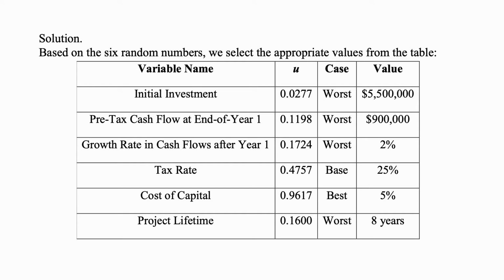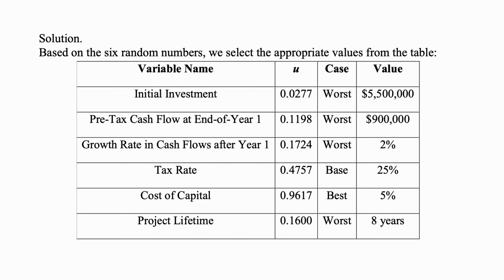For u equal to 0.1198, we are under 0.25, so we pull from the worst case scenario. Pre-tax cash flow at the end of year 1 is 900,000. For u equal to 0.1724, that's the worst case scenario, and the growth rate in cash flow after year 1, we take it to be 2%.